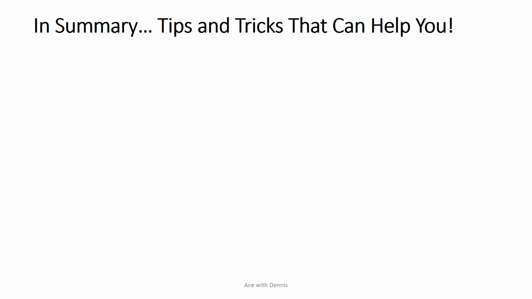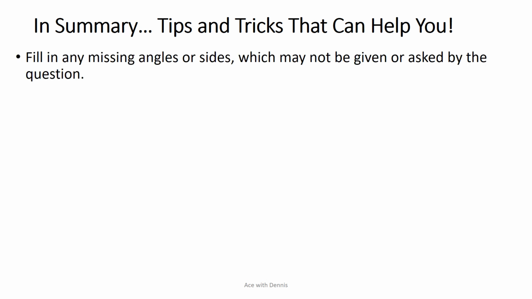So here are a few tips. The first thing you can do is fill in any missing angles or sides which may not be given or asked by the question. They may help in solving or proving the problem.